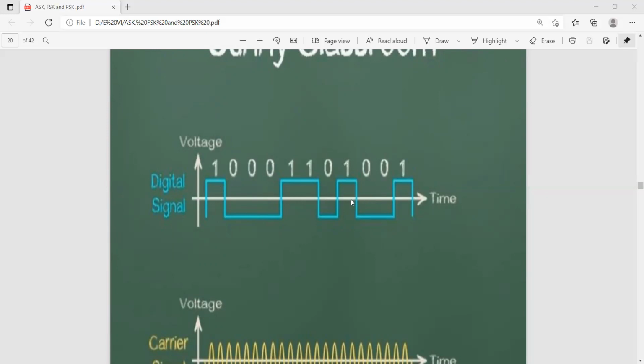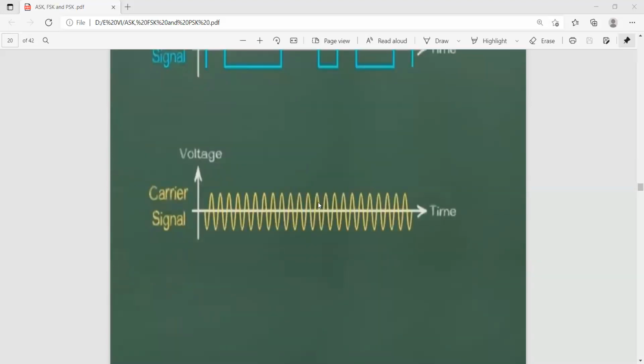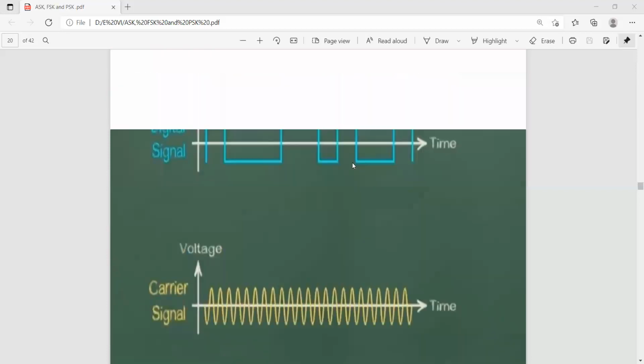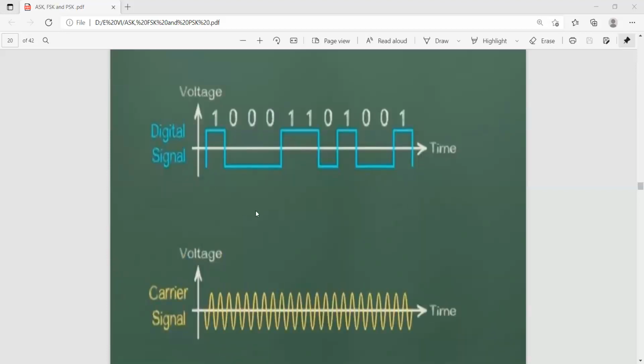If this digital information is added to your carrier wave... Normally your modulating signal is in the form of a low frequency signal. In analog modulation, the low frequency baseband signals are added to the high frequency carrier wave.